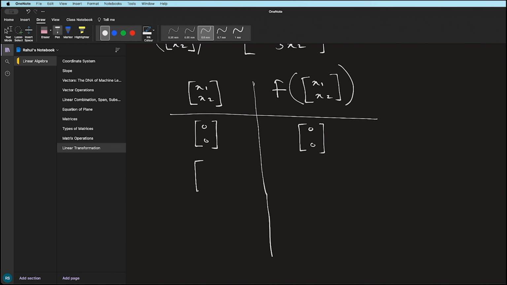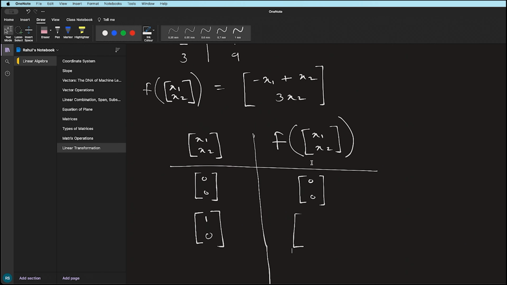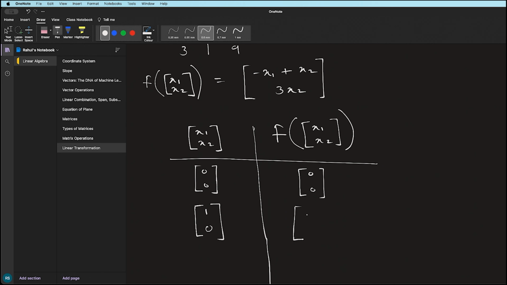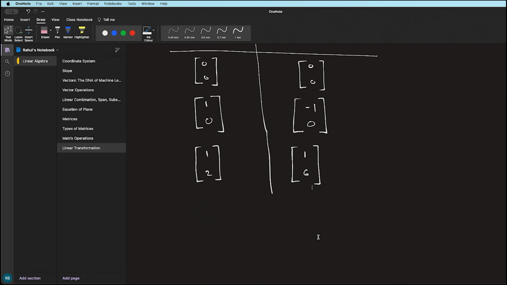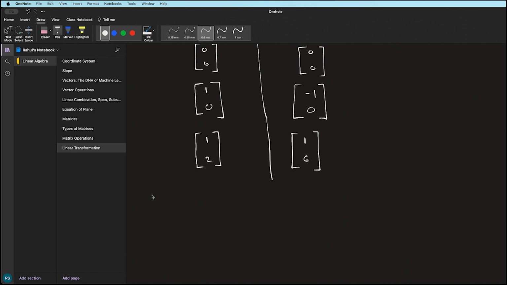If the input vector is 1, 0, then the output is -1, 0. And if the input vector is 1, 2, then the output is 1, 6, and so on.